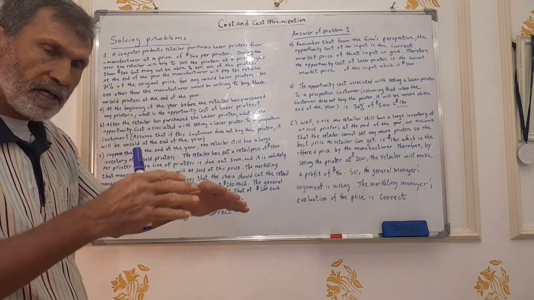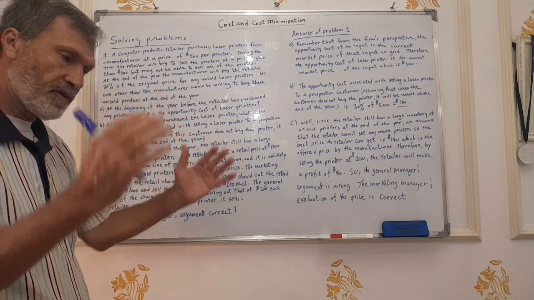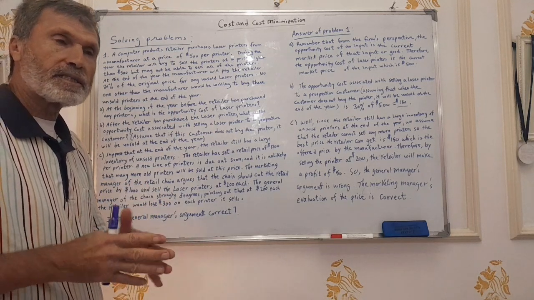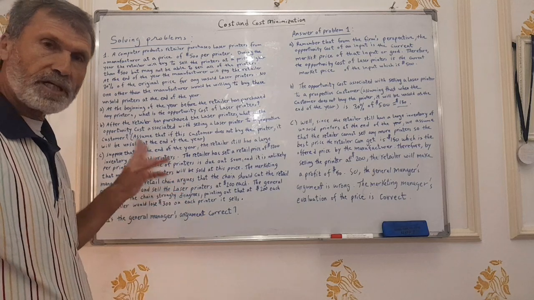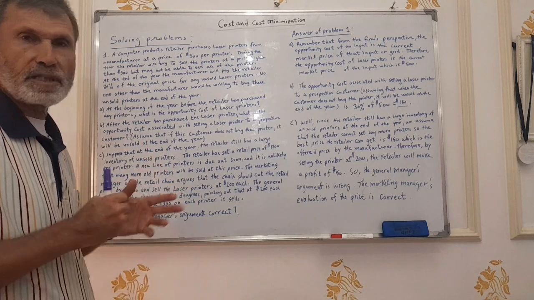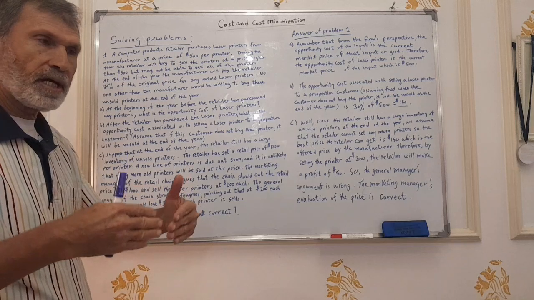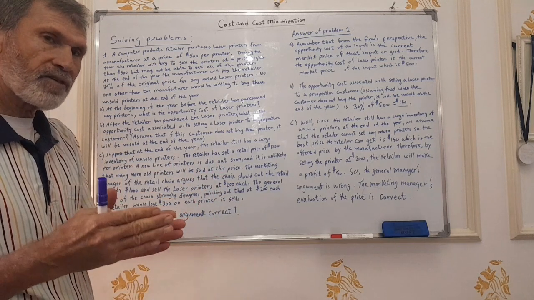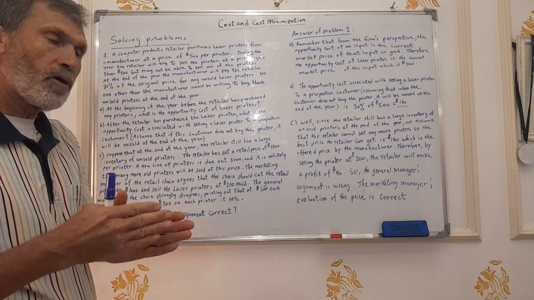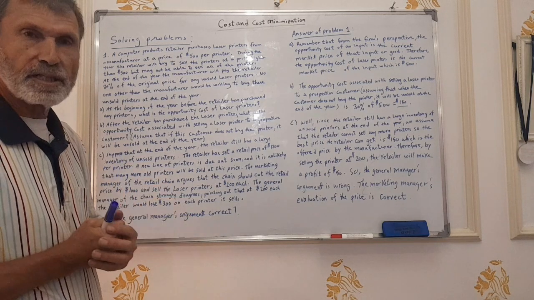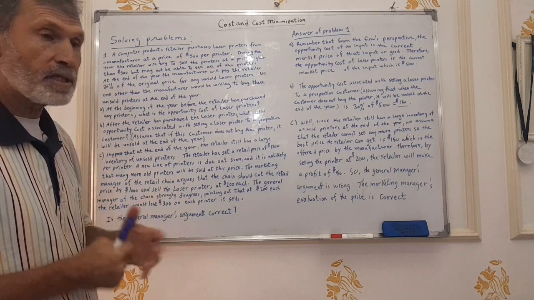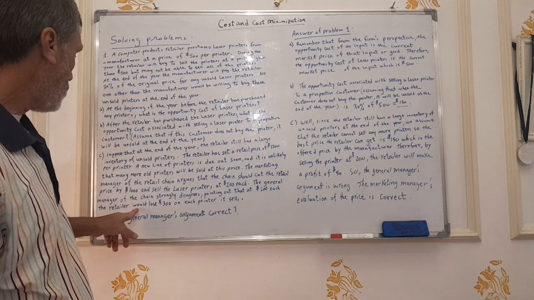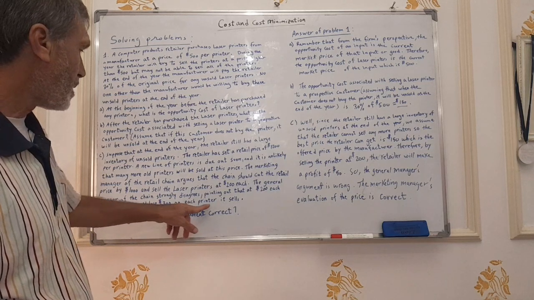They will be in inventory, unsold. So as a result of this cut in the price, the firm will sell the laser printer at $200 each. The retailer would lose $300 on each printer it sells.